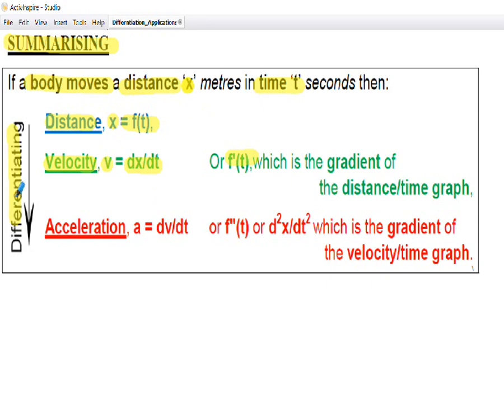And if we continue differentiating, we differentiate our velocity again, we get acceleration a, which is dv by dt, or sometimes written as f double dash t, or d2x by dt squared. They all mean the same thing, but basically that is the acceleration in terms of function t.